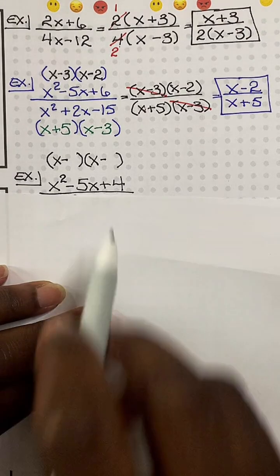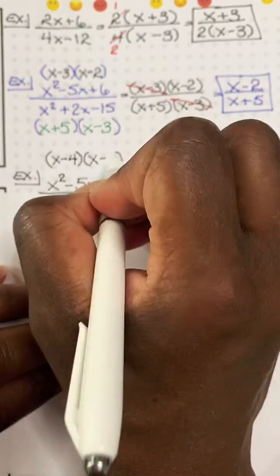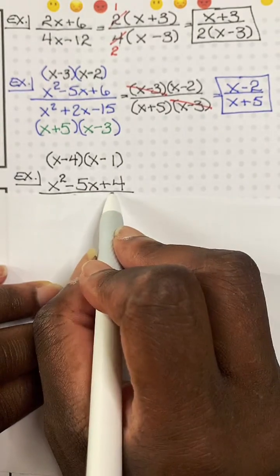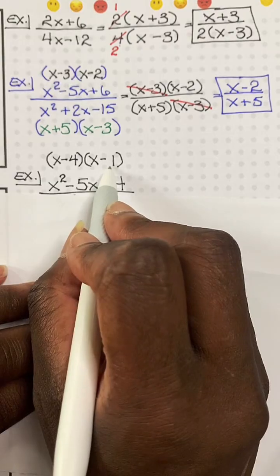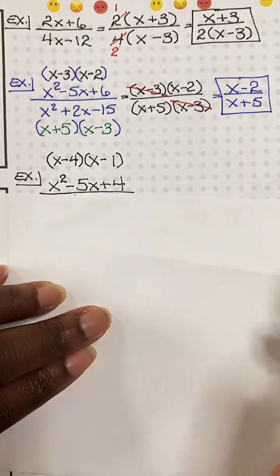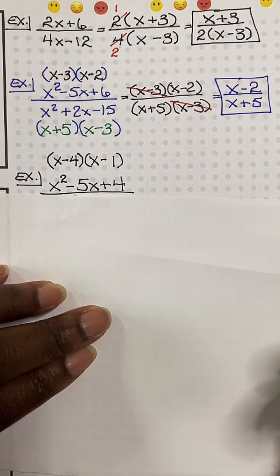All right. So 2 numbers, 4 times 1. So -4 times -1 gives me a +4. -4 plus -1 gives me a -5. Everyone always forgets about the 1 times table. They know it exists.